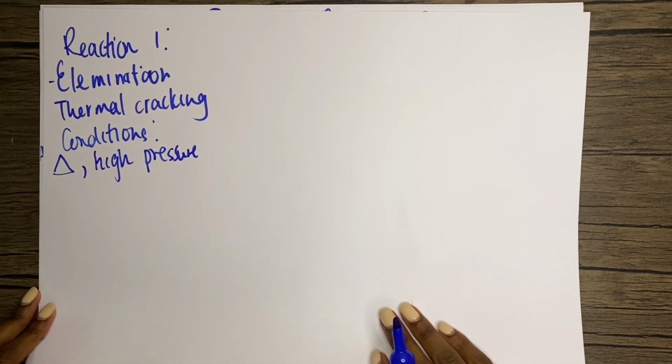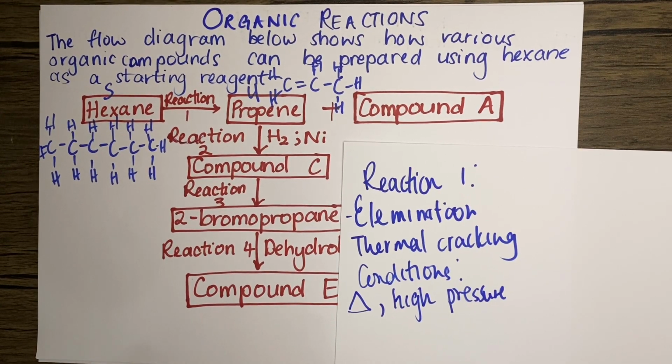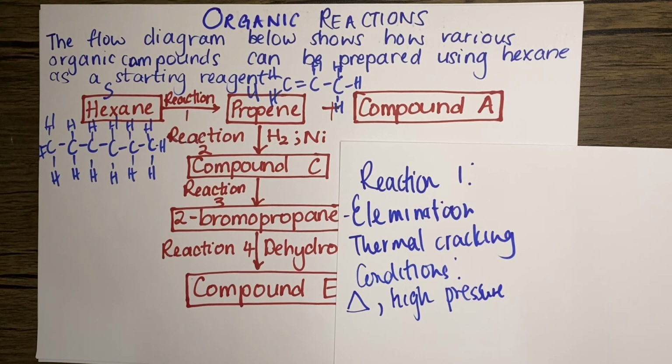Right? And then we know that during thermal cracking, what happens? The number of carbons that you had initially before applying the high heat and high pressure to that system, and the number of carbons you're going to have in your product should be the same, as well as the number of hydrogens.